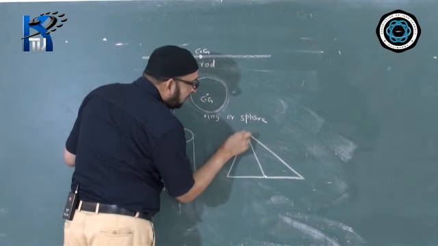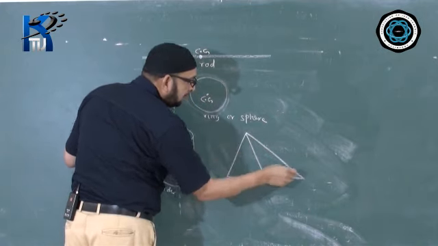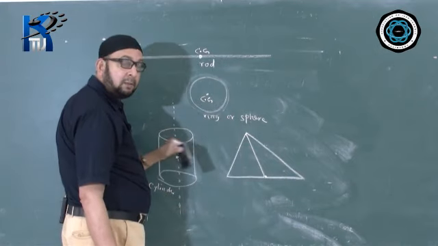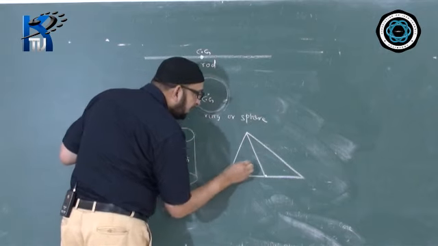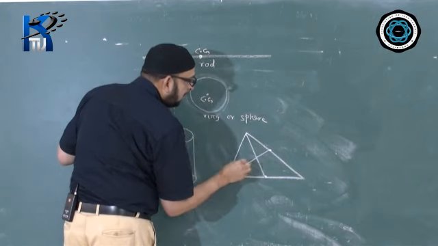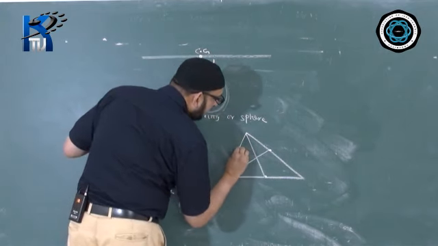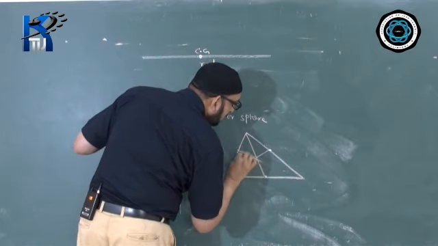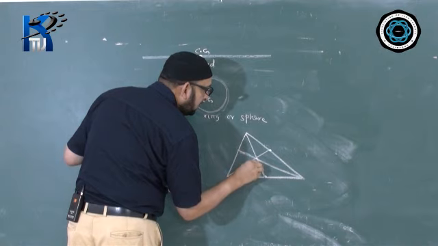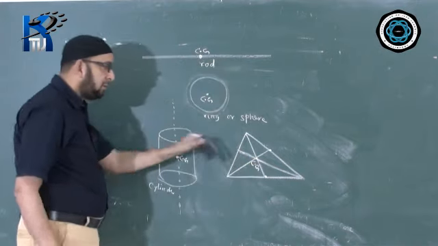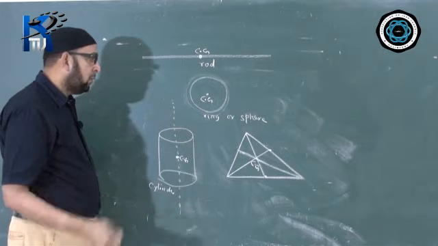The line from the vertex bisecting the opposite side is called a median. One median is over here, another median will be here, another median somewhere here, like this. Here is the CG of the triangular body. We have to draw the diagram and show that.